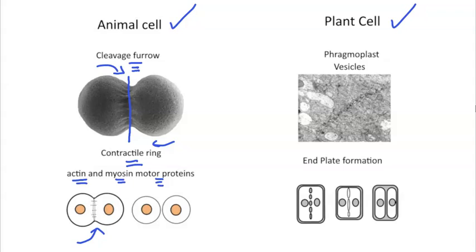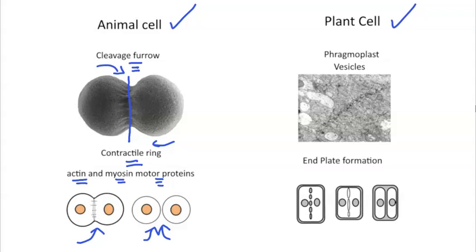And so what happens is that with the contraction of this ring, the waist between the two cells becomes narrower and narrower until there's self-sealing of the cell membrane and the division of the cell into the two daughter cells, which of course will be smaller than the original parental mother cell.